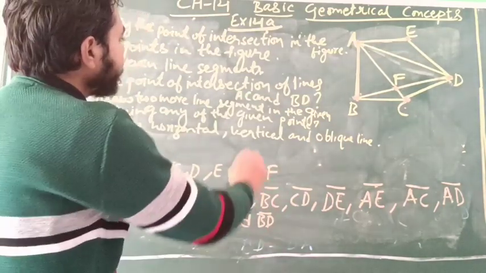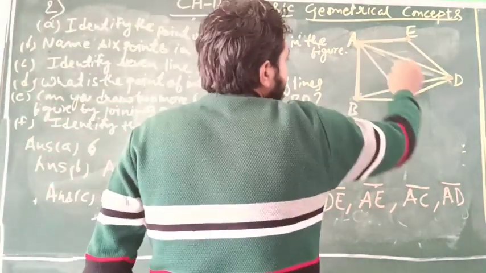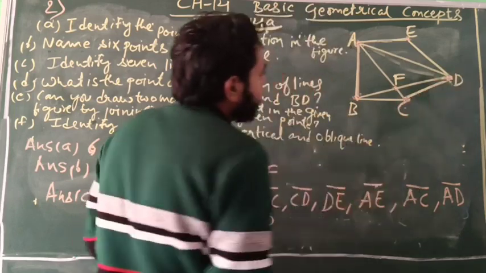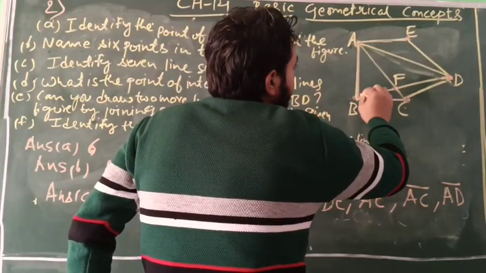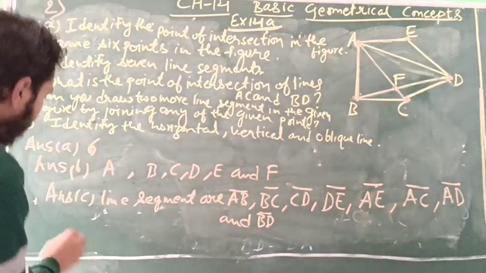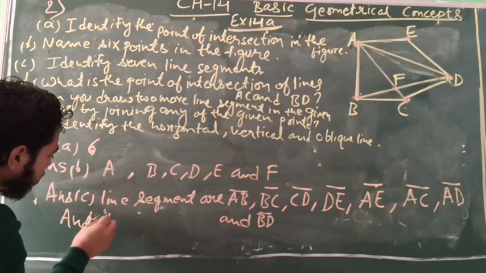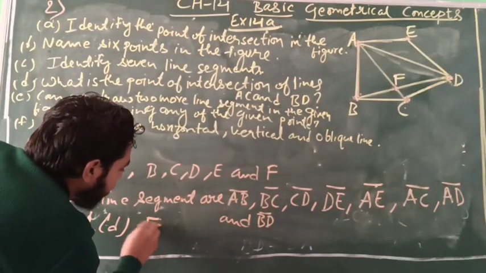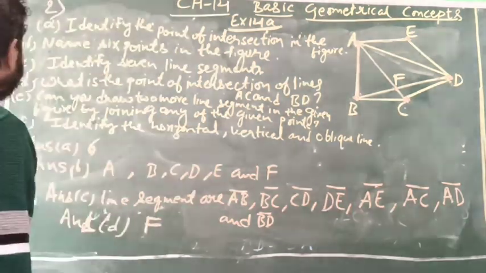You see that AC and BD intersect at point F. This line AC and this line BD intersect at point F. So the answer of D will be F. F is the point of intersection.